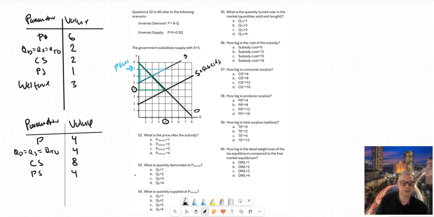Producer surplus is 4. But of course that doesn't mean that the total welfare is 12, because when we calculate welfare, we know welfare equals consumer surplus plus producer surplus plus tax revenue, but now we need to subtract the subsidy cost.